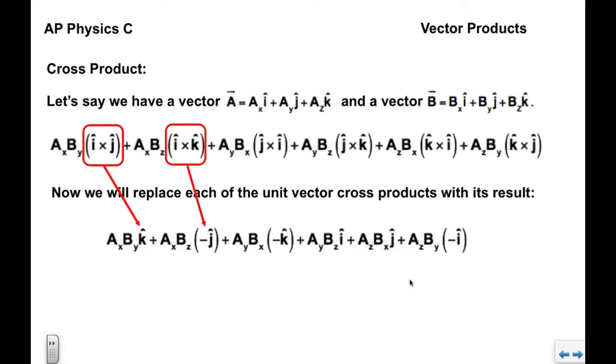We'll go back to the 6 terms we had left over with the unlike cross products, and we will replace each of the unlike cross products with the result from the magic triangle. So I cross J is K, I cross K is negative J, J cross I is negative K, and etc. So all of these get translated into their vector cross product result using the magic triangle.